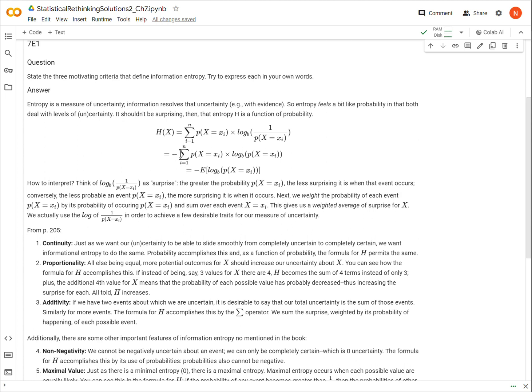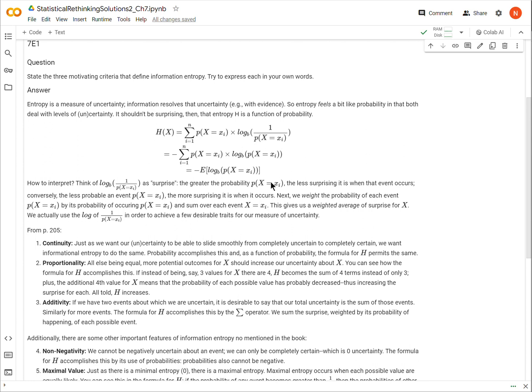So here's that negative out front, here's that negative out front. And now, as I said, entropy is just a weighted average of surprise. And so the average is expectation. That's the expectation operator. So that's just our average of this term here. So that's how we get from all the way to there.